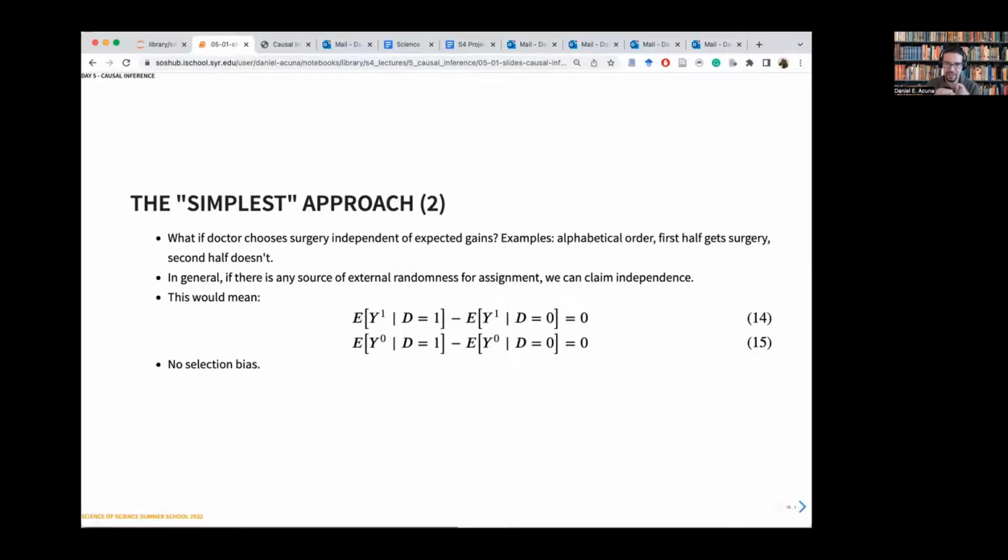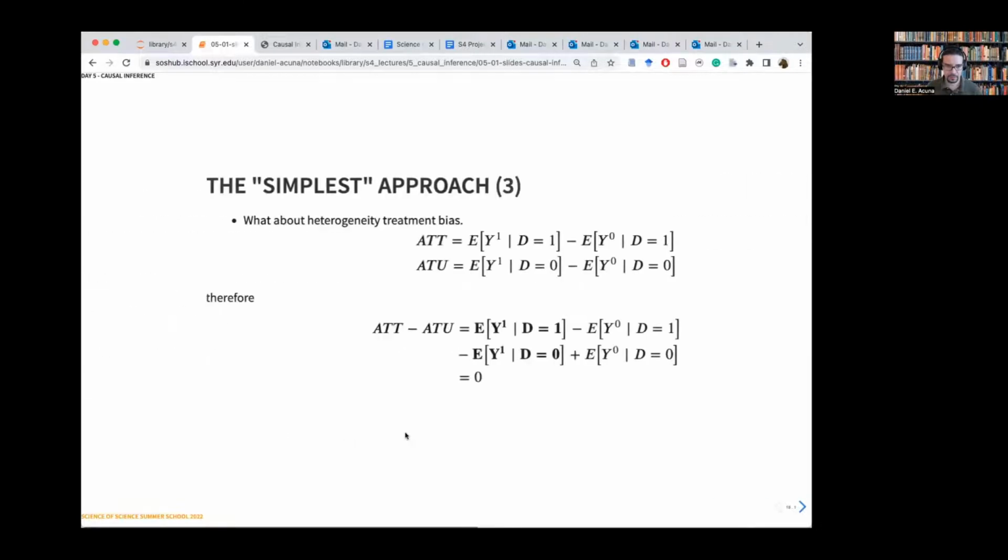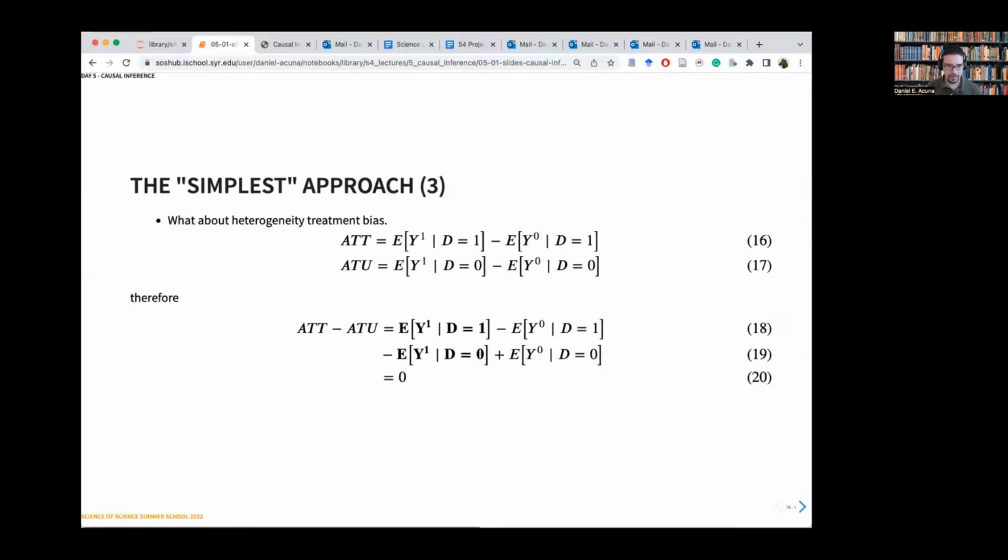So you can think that there is a little randomness in whether you go below or above the threshold. You can take that as a source to assume that there is some independence, and you can assume there is no selection bias, and also no heterogeneity treatment bias.